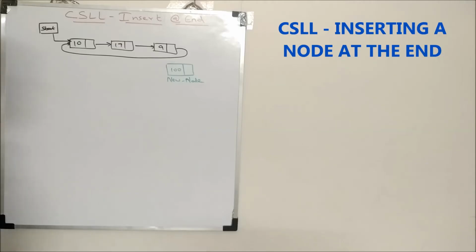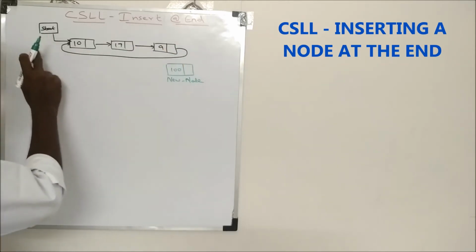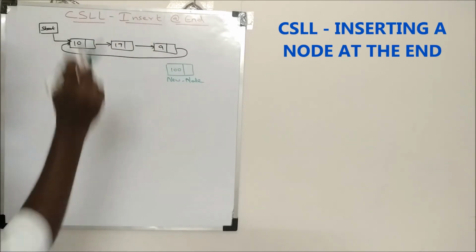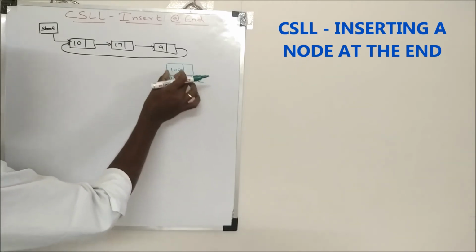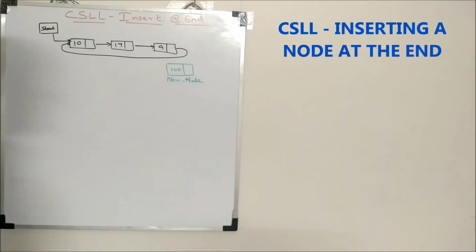Now we see insertion of a node at the end of a circularly singly linked list. Now this is our existing circular linked list with 3 elements 10, 17 and 9. Now I am going to insert a new node with value 100 at the end of this circularly singly linked list.